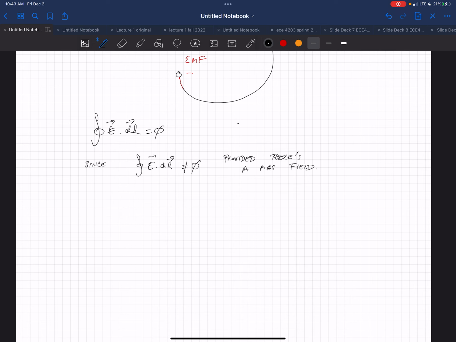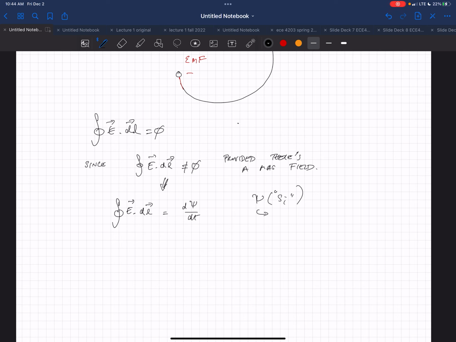And so Faraday added this new thing to this equation. He basically said that E dot dl is equal to this new factor, which he called psi, pronounced psi.